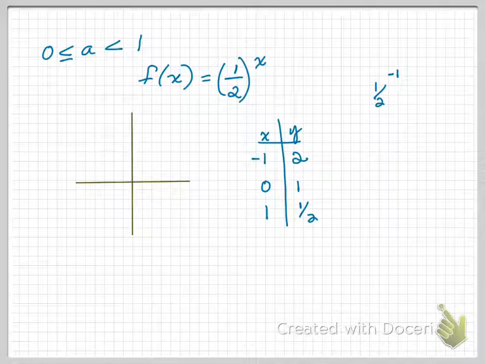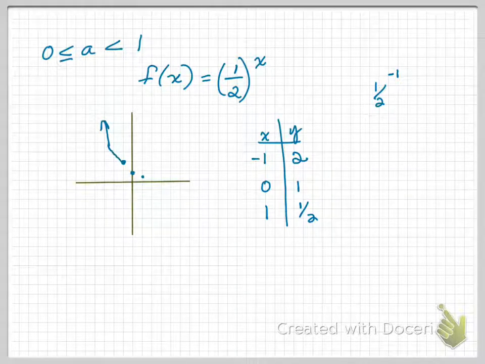So what you'll have is negative 1, 2, which is right there, 0, 1, and then 1 comma a half. Okay, so we have this curve shaping up.